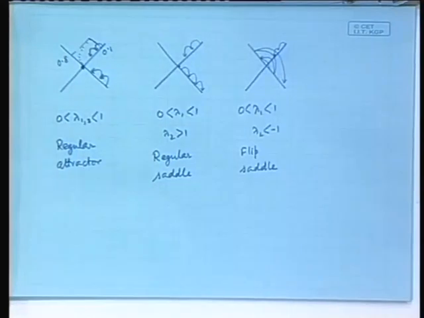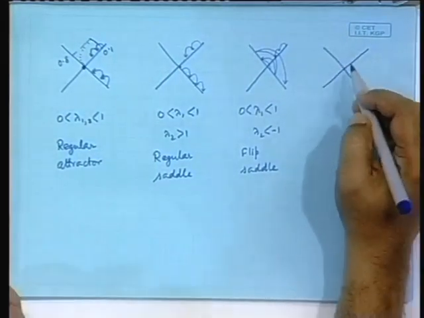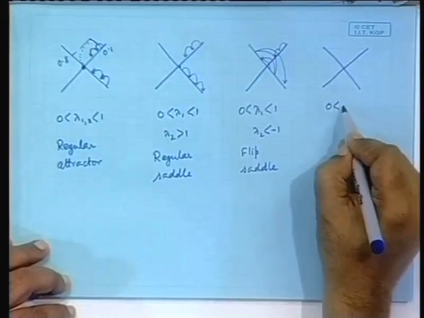Now, apart from that, can you figure out what other possibilities are there? There can be a flip attractor, of course. A flip attractor would be where the eigen directions are negative, with magnitudes between 0 and 1.